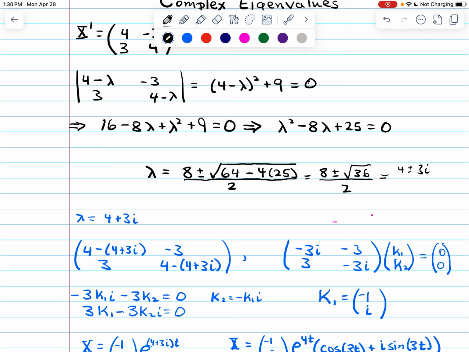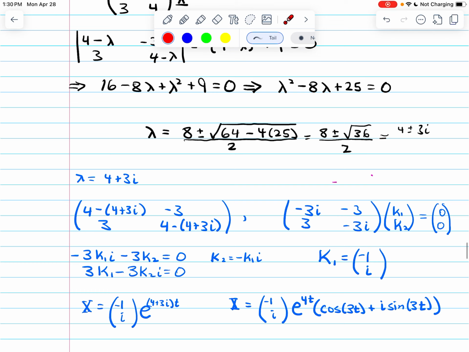So now we've got lambda equals 4 plus 3i, and I plug that back in A, and I get my system here. Negative 3i, minus 3, minus 3i, and I've got K1 and K2. So what I'm trying to do is find this eigenvector. I've got the eigenvalue, now I need the eigenvector.